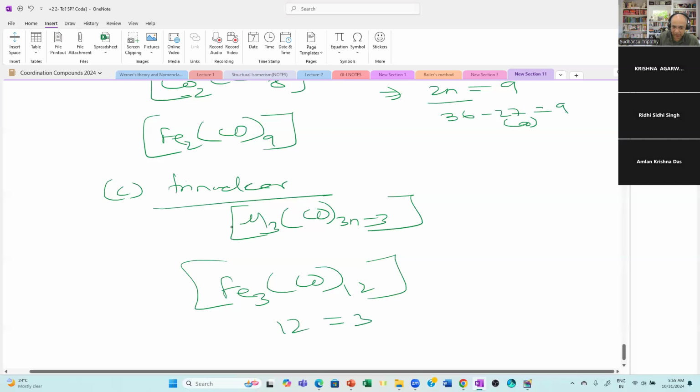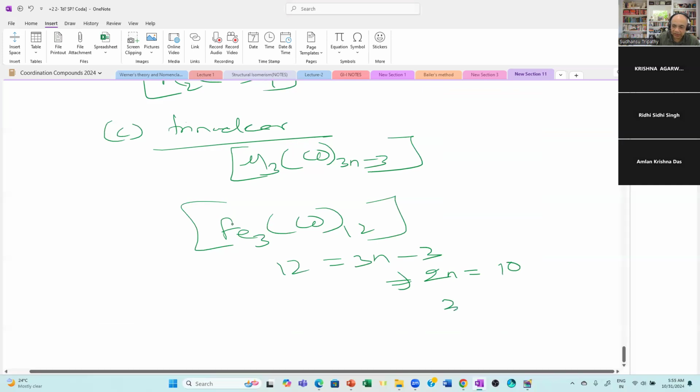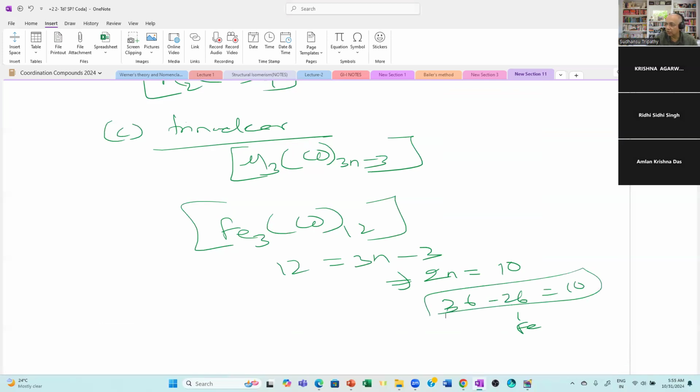So if 12 is equal to 3n minus 3, then 2n is how much? 10. So 2n, that is 36 minus 26 for iron, is equal to 10. And so on. Just draw tetranuclear. What is the formula?